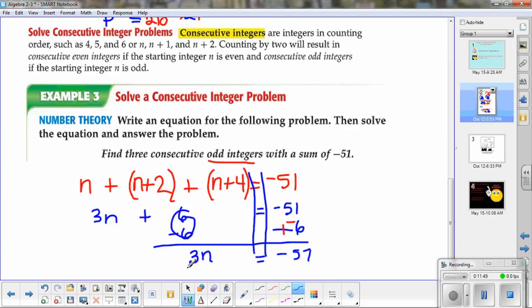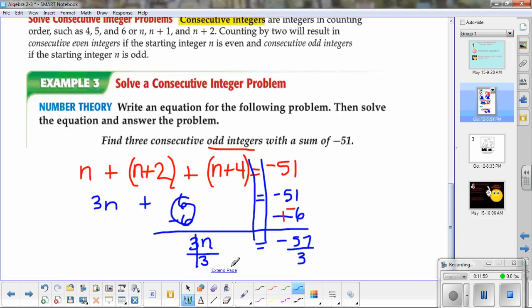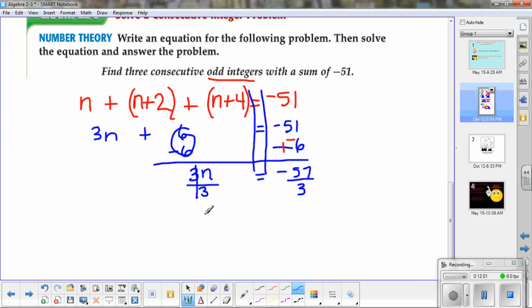Now you want to go and divide both sides by 3. 3 divided by 3 is 1, and 1 times n is n. And on the other side, a negative divided by a positive is going to be a negative. And then 57 divided by 3, that's going to be 19, or negative 19.